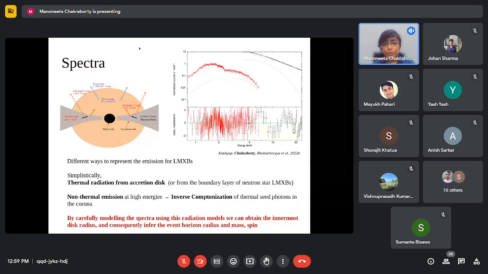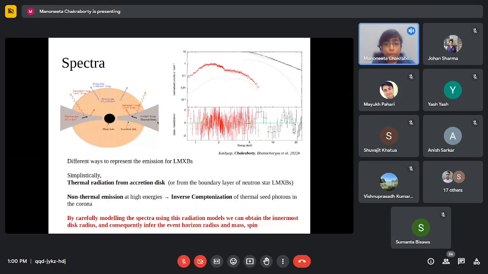And here we show the resultant spectra of the emission that I have just described, which contains both the emission from the scattered corona as well as the thermal emission from the disk.